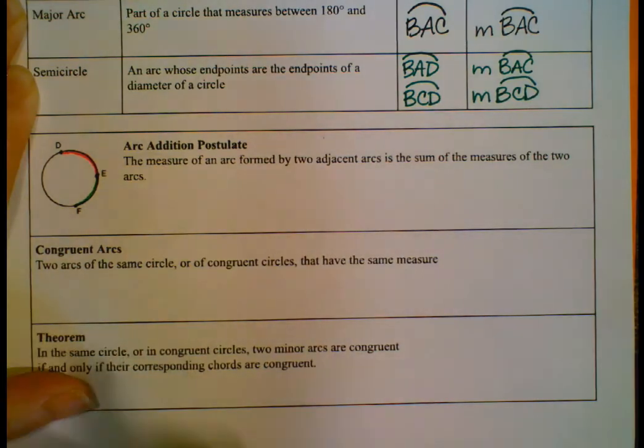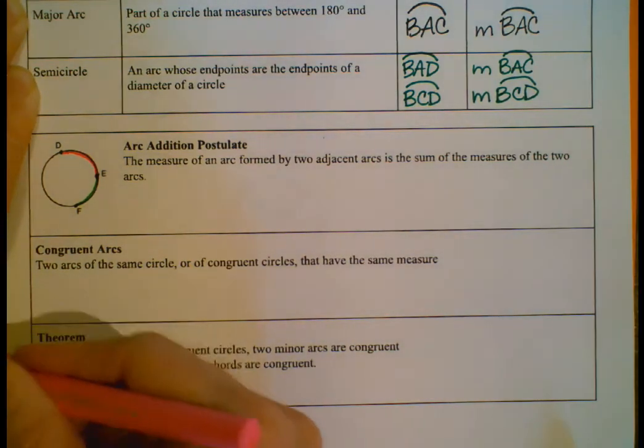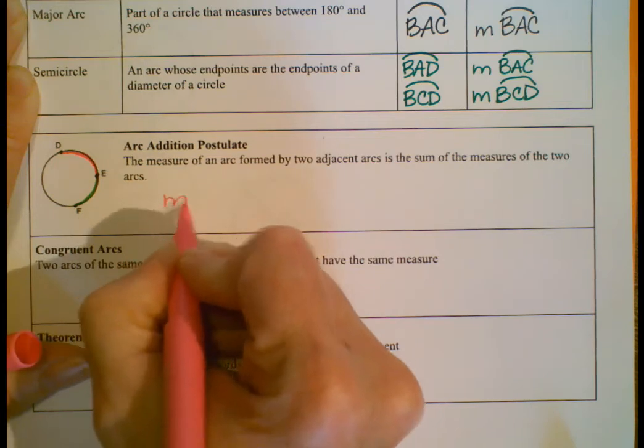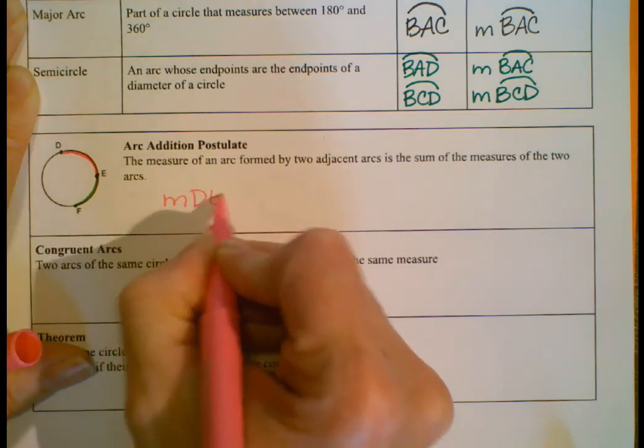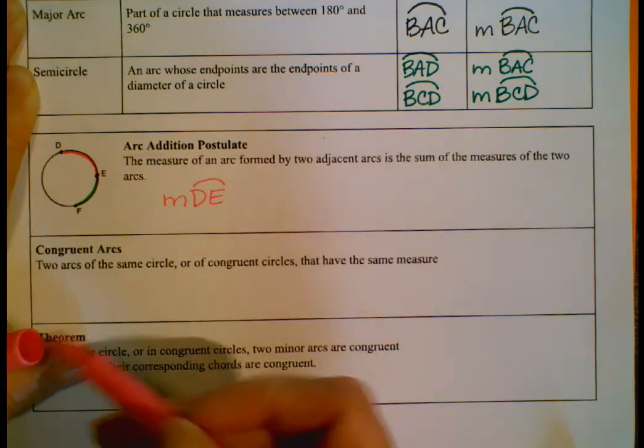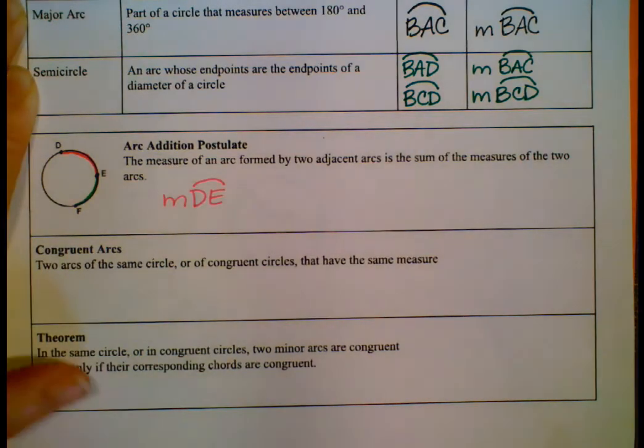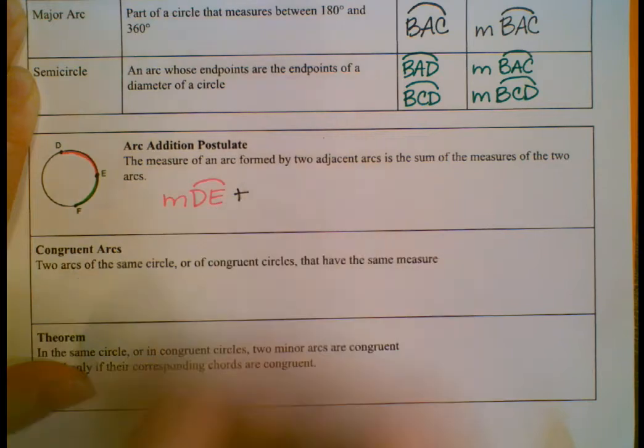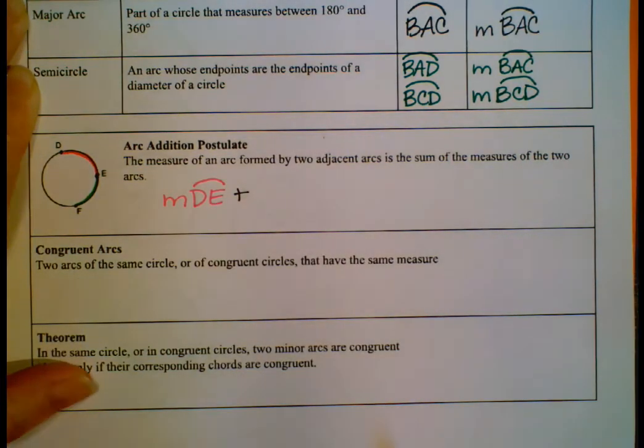So what this postulate is saying is that if I were to take the measure of arc DE, remember how we indicate the measure there, that's going to be some number in degrees, and I add to it the measure of arc EF. Grab my green marker here.